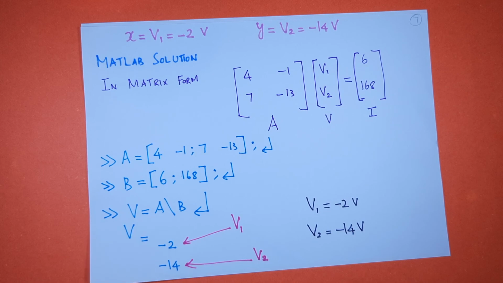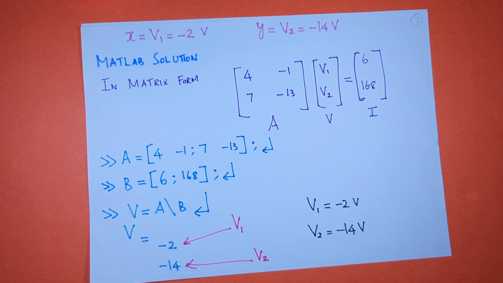V equal to minus 2, minus 14. The first one is V1, the second one is V2. So your solution is V1 equal to minus 2 volt, V2 equal to minus 14 volt. The same we got through our calculator solution.